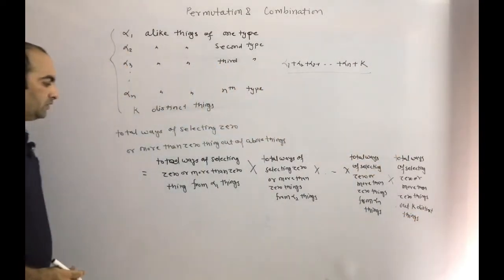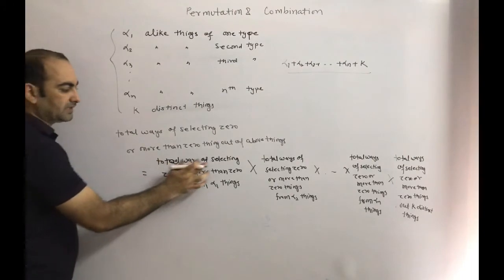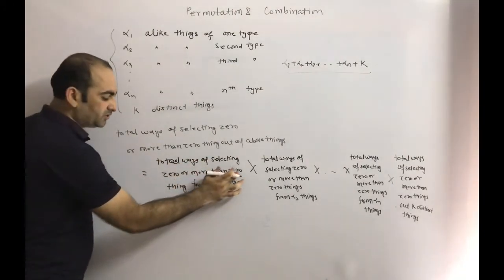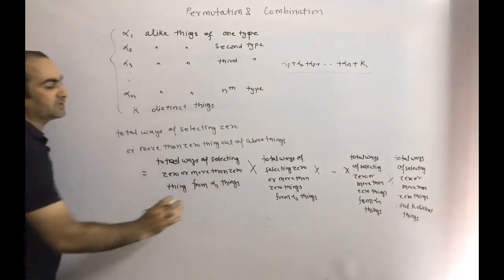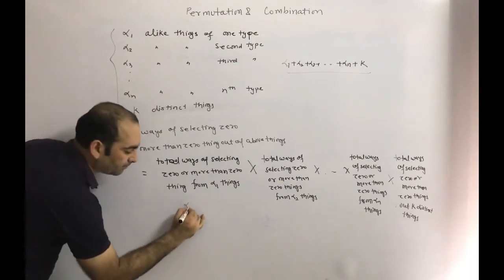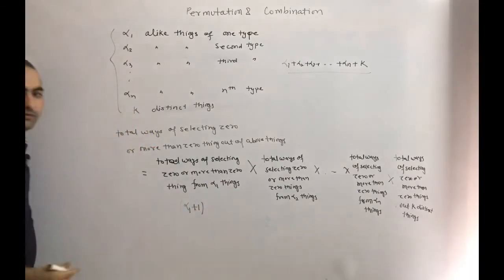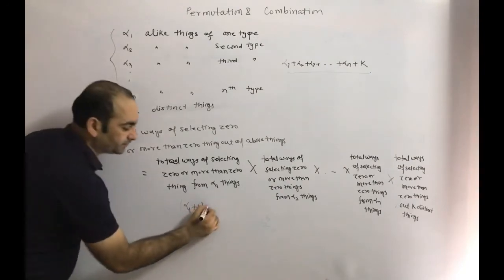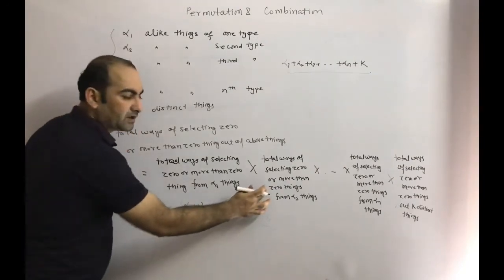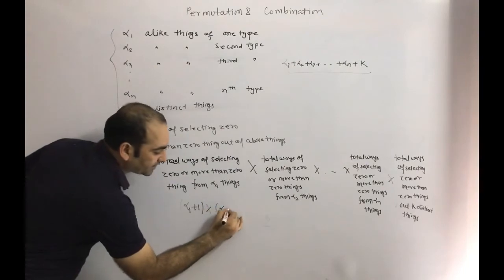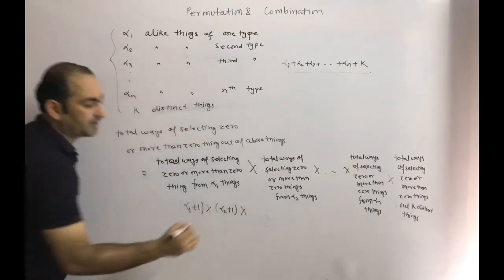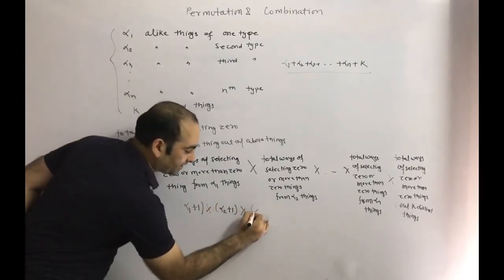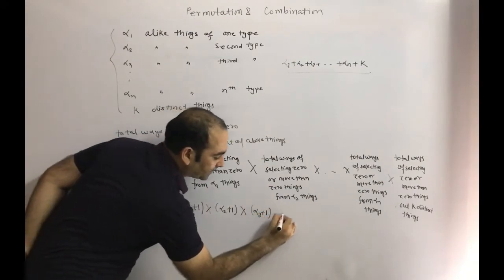First we are finding total ways of selecting 0 or more than 0 things out of alpha 1 things. So total ways is alpha 1 plus 1. What is the 1? We are not selecting anything from alpha 1. Multiplied by, for alpha 2, alpha 2 plus 1. For alpha 3, alpha 3 plus 1, and so on.